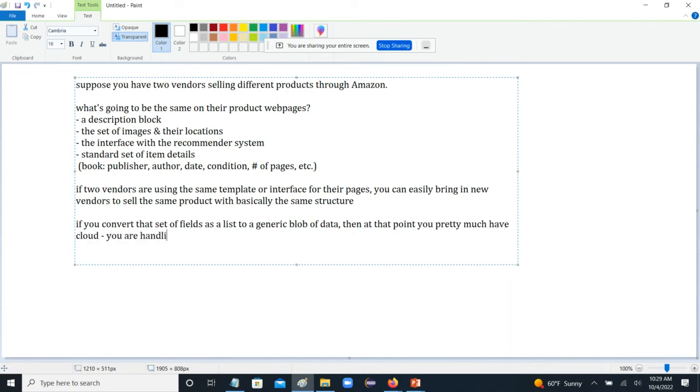You are handling arbitrary lumps of data, and you know the structure is flexible. So you can handle any data for anybody at that point, right? So you say, okay, we start off with these kind of standard interfaces. It's nice that every vendor can use these standard interfaces. That's better than designing a custom web page for everybody.